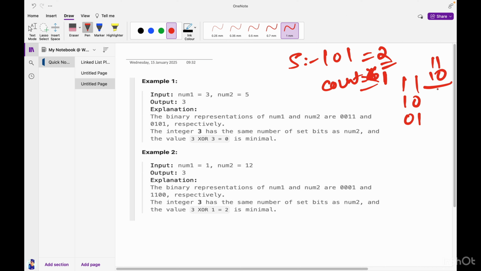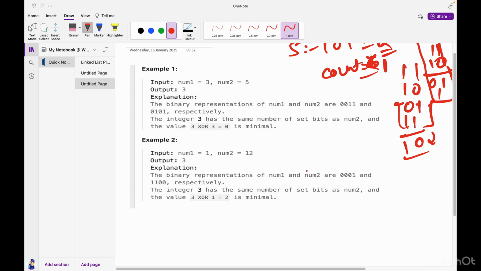Okay, so the answer would be 0 1, or for this question 1 1; if we XOR it with this, the answer would be 1 0. This results to 1, this results to 2. So the minimum answer is given by this. What's the difference between this and this? Here we are unsetting the MSB, and here we are unsetting the LSB.